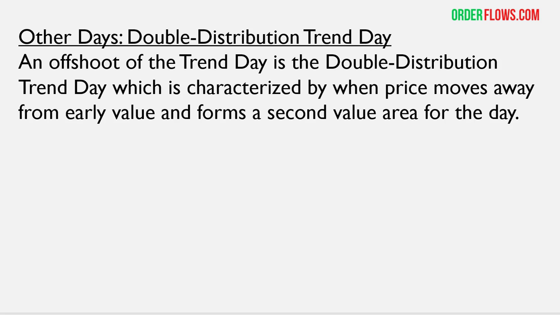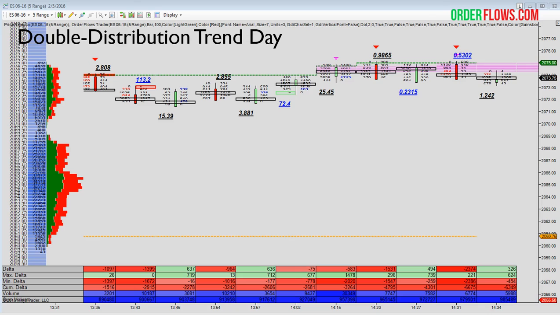So, a couple other types of days I want to talk about real quick. The double distribution trend day is an offshoot of the trend day, and it's characterized by prices moving away from early value and forming a second value area for the day. This is the E-minis.